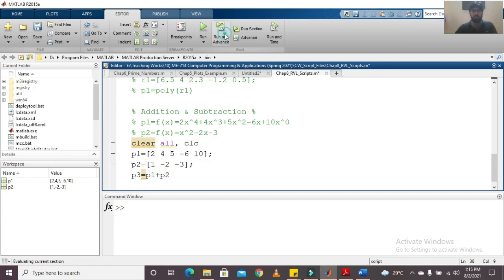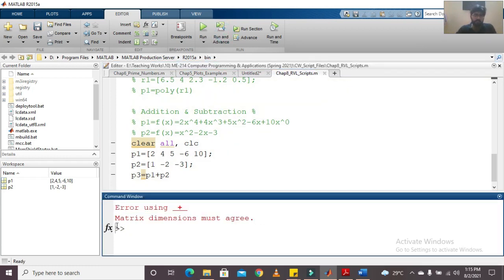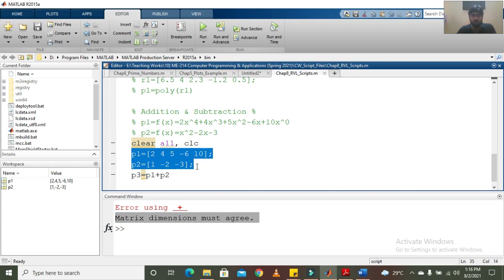Then execute it. Now here you can see an error has been generated, which is mentioning that the matrix dimensions do not agree. It means that the order of these two polynomials should be the same in order to carry out the addition and subtraction of a polynomial. So what do we mean by making the order the same?